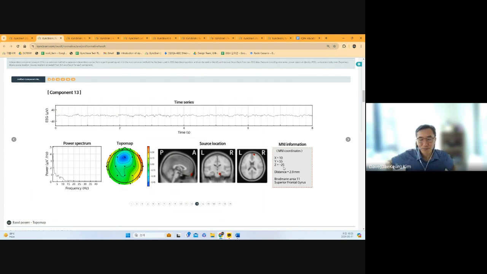The minus 25 means the orbitofrontal area, not the upper frontal area. So they could target the orbitofrontal area using that MNI information, making this component location activated. That's the easy way to guide TMS navigation.